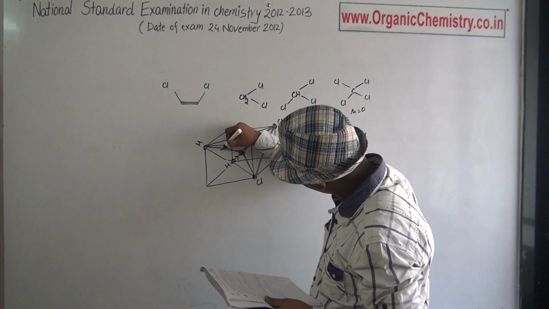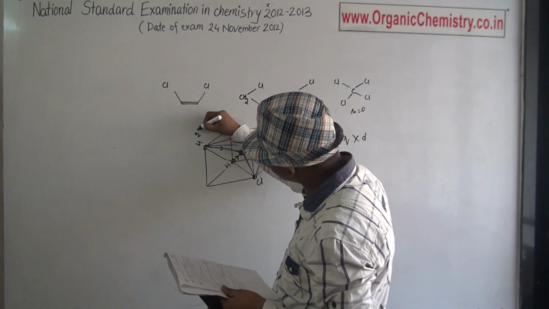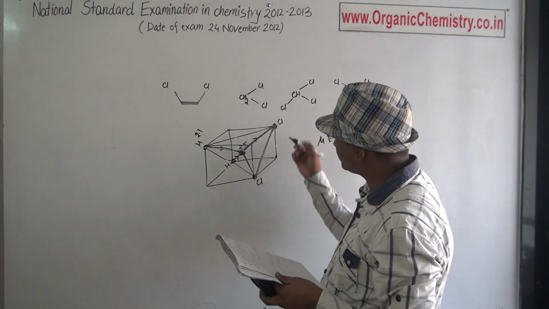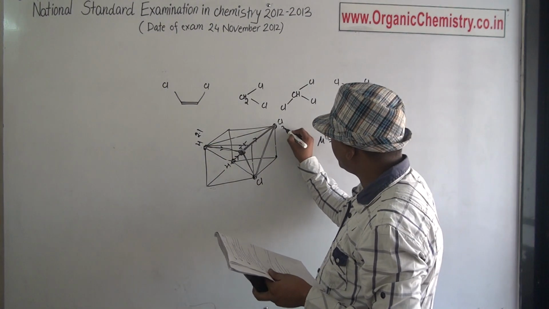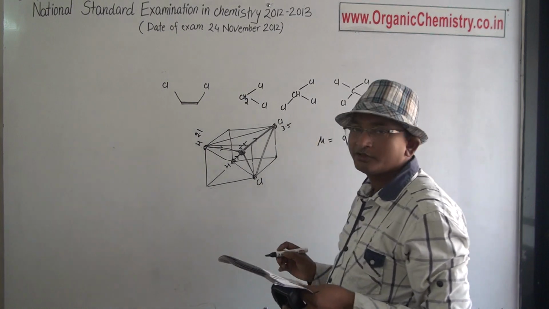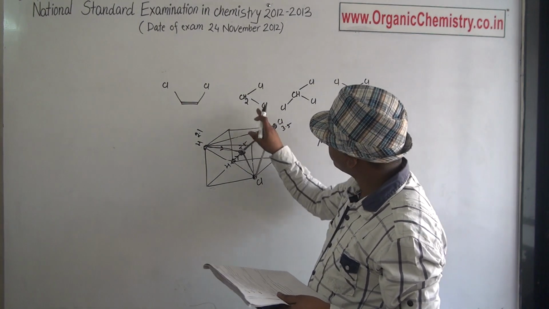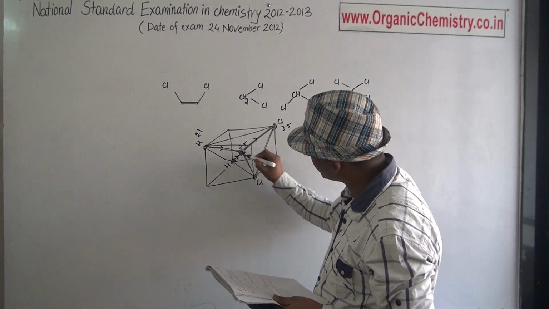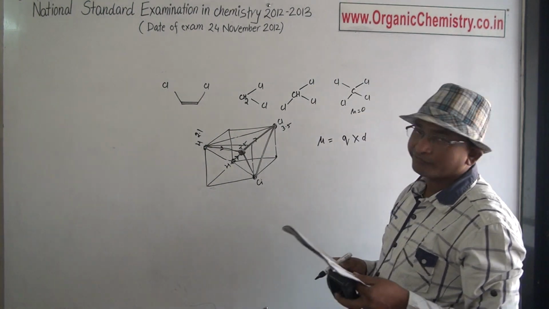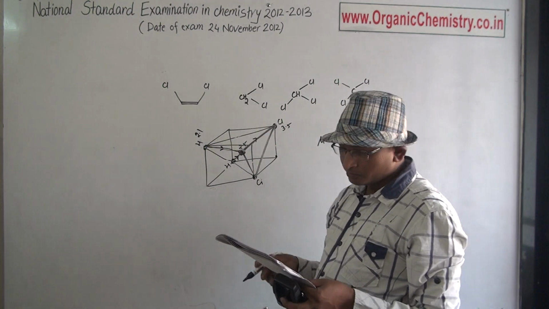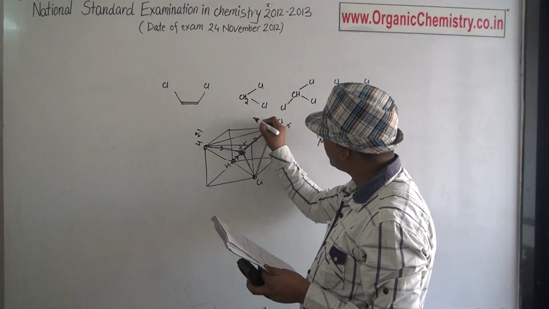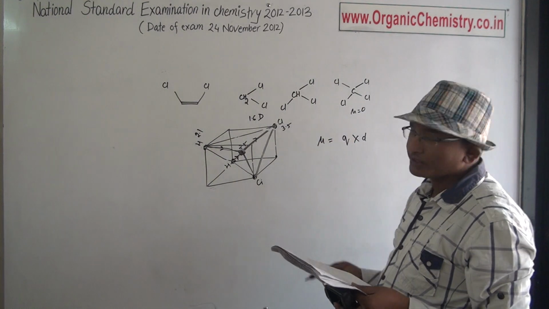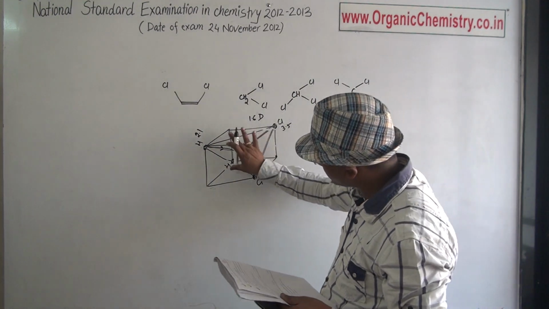Hydrogen donates electrons because the electronegativity of hydrogen is 2.1, electronegativity of carbon is 2.5, and electronegativity of chlorine is nearly 3.5. So, in case of dichloromethane, due to electronegativity difference, the observed dipole moment will be 1.6 Debye. In this particular case, 3 chlorines withdraw electrons.